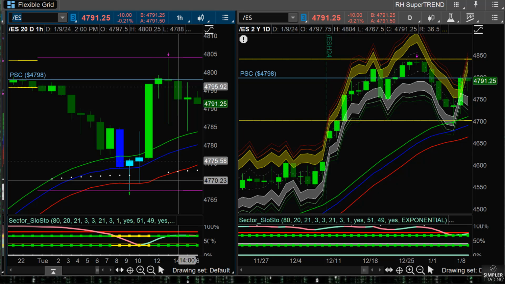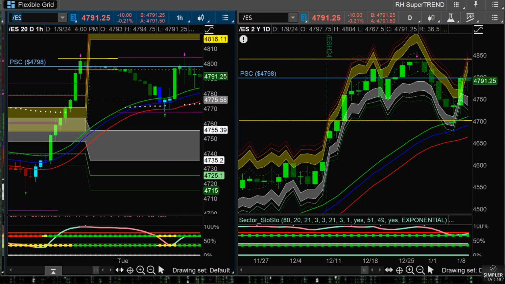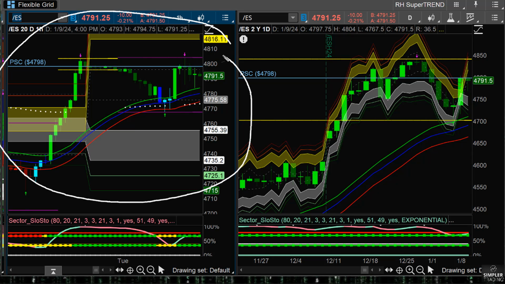First of all, at ES, notice there's a few things we have here. On the 1 hour time frame, we have been generally neutral or bullish, and most of the GRAB candles are green. Green GRAB candles indicate we should be bullish. The green multi-trend indicates we should also be bullish. That means that if we get pullbacks into this area here, the 34 EMA wave, that is a buy the dip.